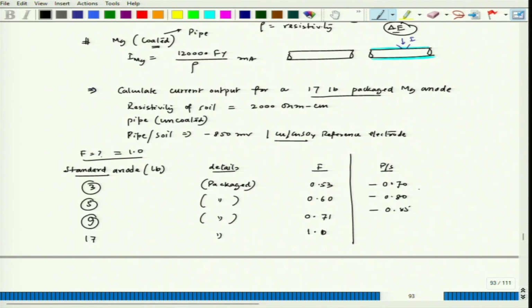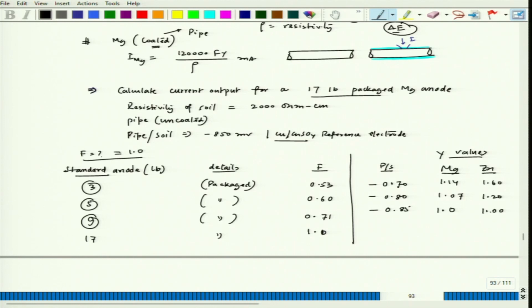These are in volts. Now for magnesium, it is 1.14, then 1.07, and this becomes 1.0. For zinc, these are basically Y values: it is 1.60, 1.20, and here it is also 1.